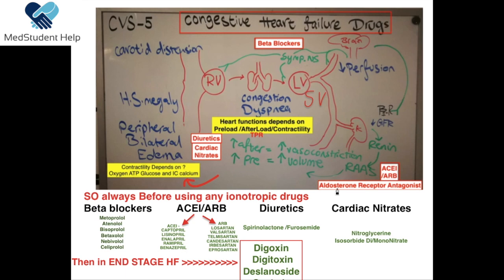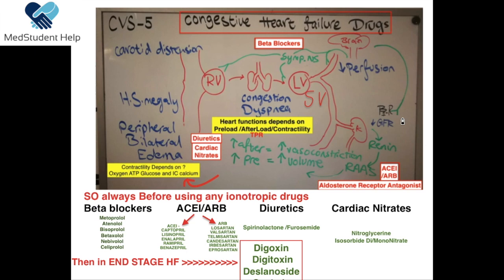Now, also the perfusion of the kidneys is going to be decreased, right? Because the left ventricle isn't pumping well, so the perfusion to the kidney is going to decrease as well. If the perfusion to the kidney is decreasing, this means that the glomerular filtration rate is going to decrease. And if you have watched the RAS system drugs video, I mentioned there that the juxtaglomerular cells are clever cells.